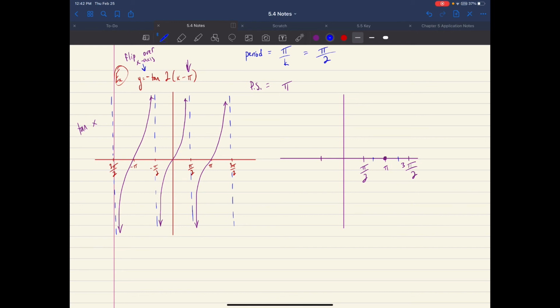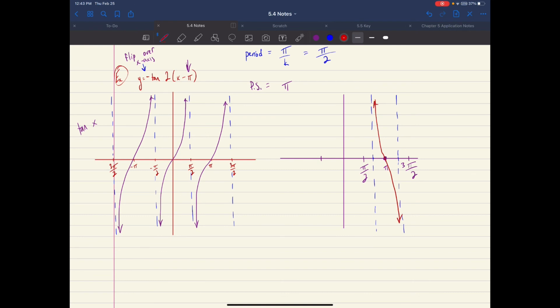So I will have these asymptotes right there. And so my function would look like a reversed cubic.